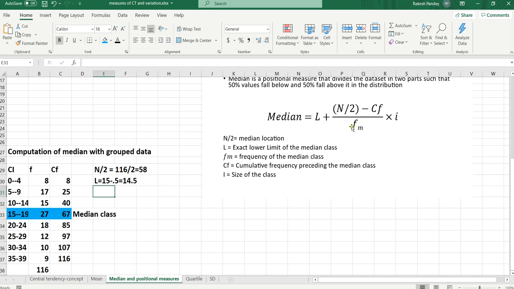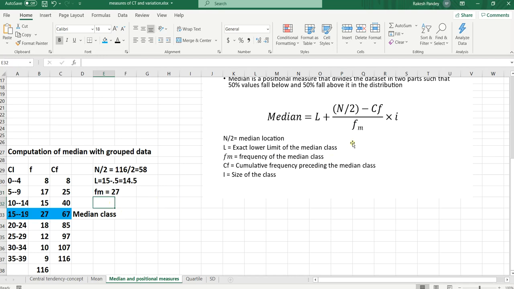Now what is Fm? I have written M to remind us that this is the frequency of the median class. So this is the median class highlighted in light blue. This column is frequency, so 27. I will write Fm is equal to 27, the frequency of the median class.